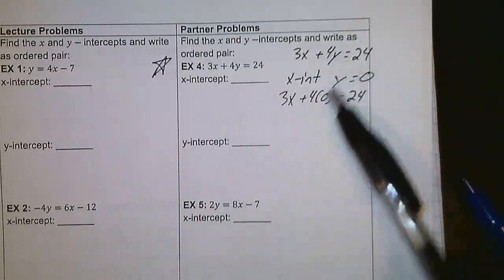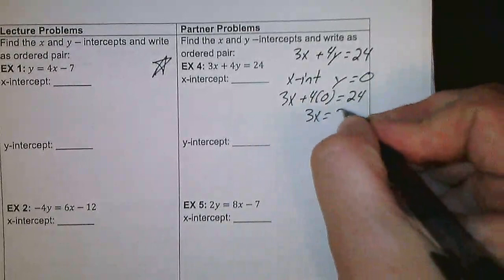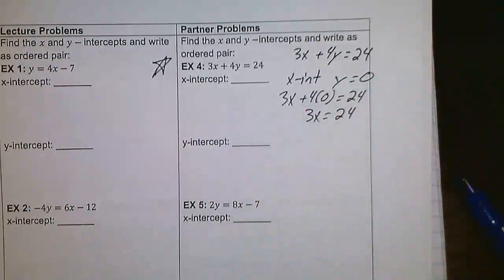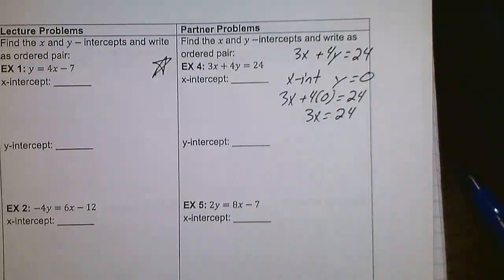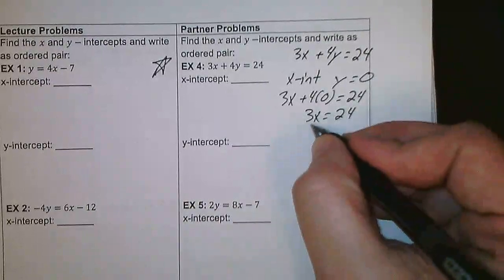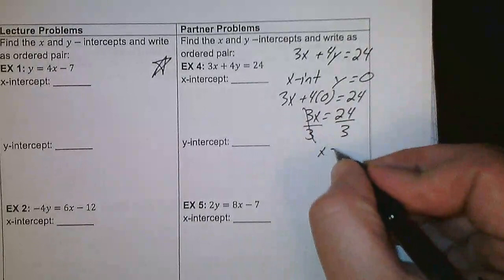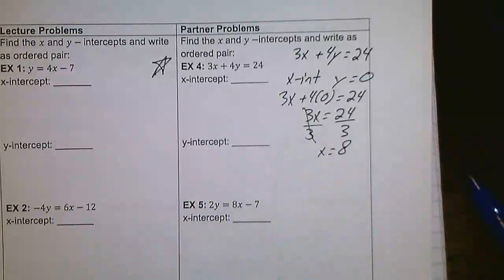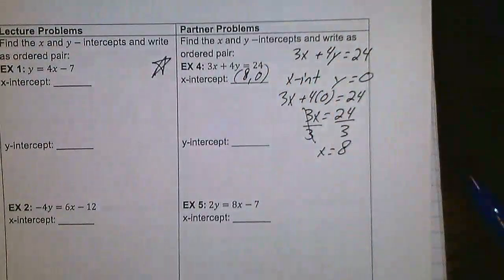The y term goes away when we plug in 0, because we really just have 3x equals 24. 4 times 0 is 0, so it goes away. And now we just divide out our coefficient, and we get x equals 8, but we need to make it an ordered pair.